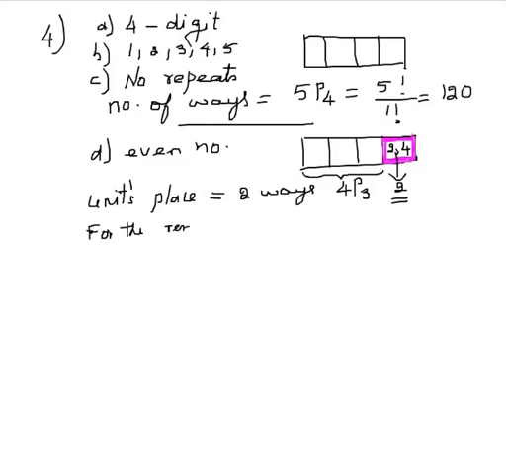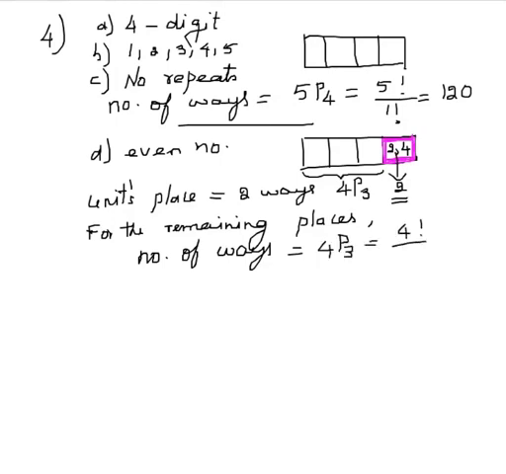For the remaining positions, the number of ways is equal to 4P3, which is 4 factorial by 4 minus 3, 1 factorial. 4 factorial is 24. Therefore, the total number of ways is equal to 24 times 2, 48.